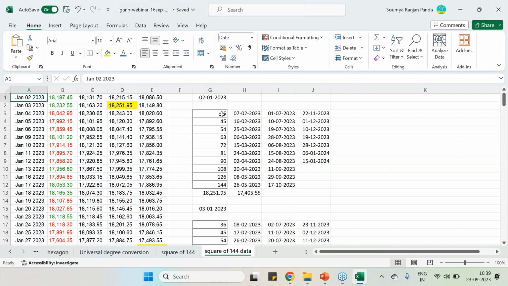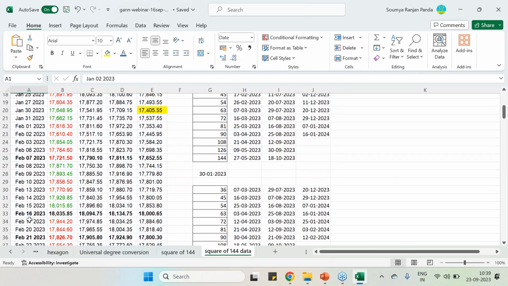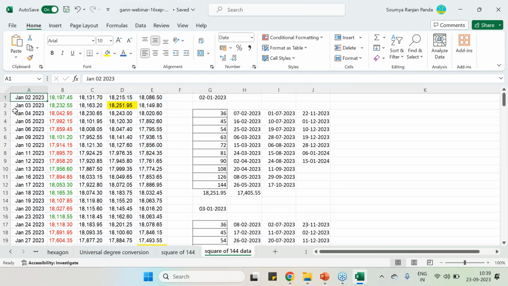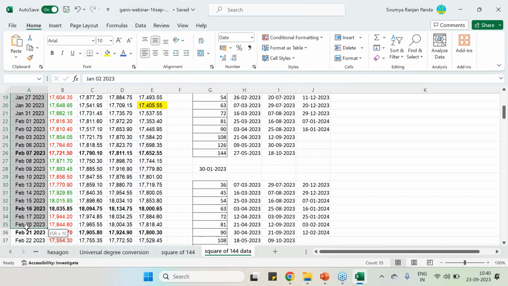So 36 trading days, I can count. Here it comes to 36. So if I go 36 trading days, then on February 21st a trend change will happen.